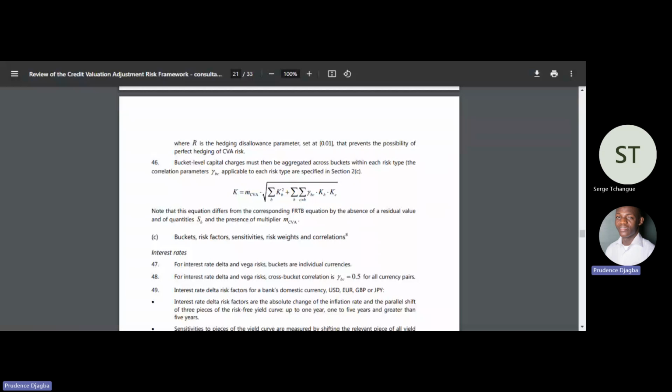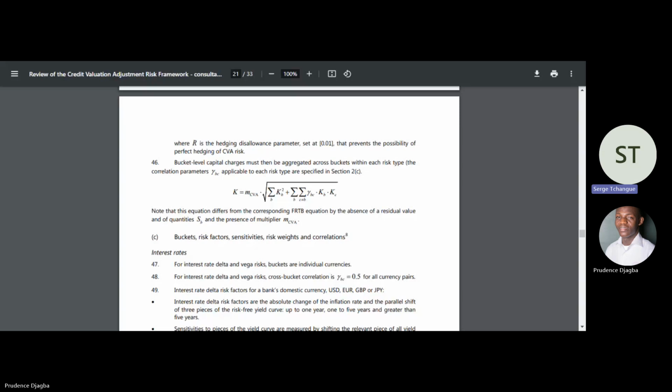That's also one difference, because I was comparing the FRTB standardized approach in a different document with this one, and I noticed that they didn't multiply by this coefficient M_CVA. The M_CVA is just a multiplier that is different for each bank.